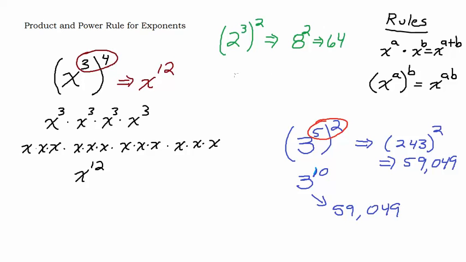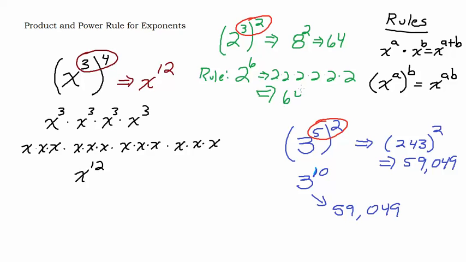If I use my rule and multiply these together, I end up with 2 to the 6th power. 2 times 2 is 4, times 2 is 8, times 2 is 16, times 2 is 32, times 2 is 64. So you end up with 64. That works the same way.